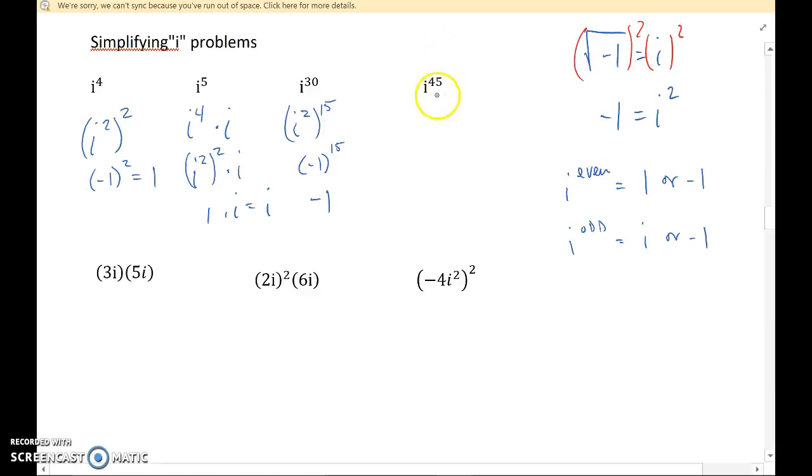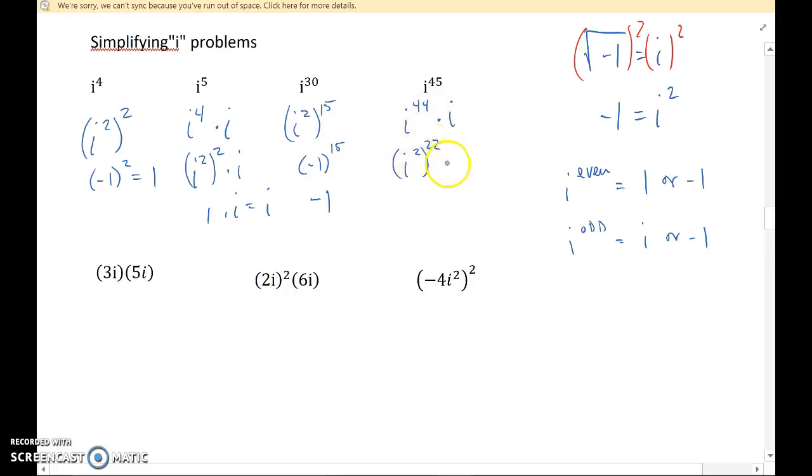All right, so our next problem is i to the 45. 45 is odd, so we're going to write that as i to the 44 times i. We just subtract 1 from the 45 to get 44. i to the 44 is even, so we know it's a 1 or a -1, and that's going to depend on if 44 divided by 2 is odd or even. 44 divided by 2 will be 22.